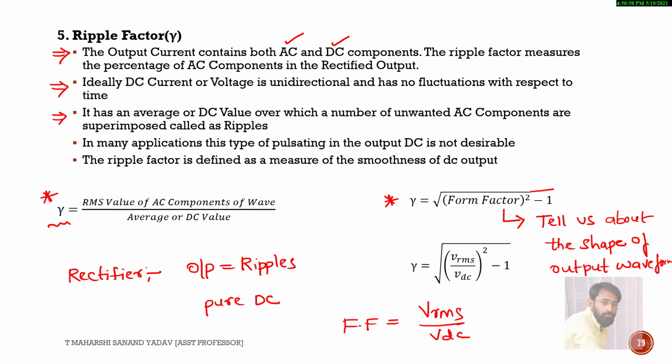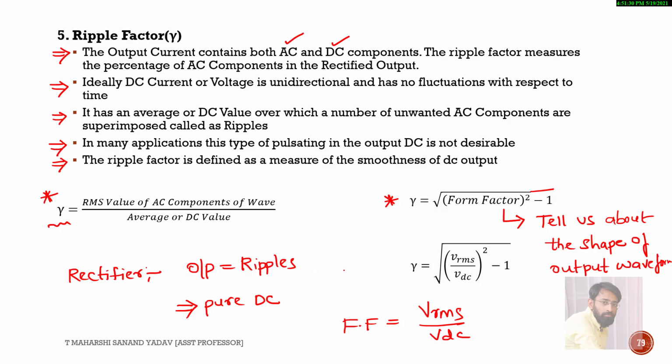Next, it has an average or DC value over which a number of unwanted AC components are superimposed, called ripples. So ripples are nothing but AC components which should not be there. If we want output as a pure DC, we need to find those ripples. Next, in many applications this type of pulsation in the output DC is not desirable. So the ripple factor is defined as a measure of smoothness of DC output, meaning no ripple component should be present.